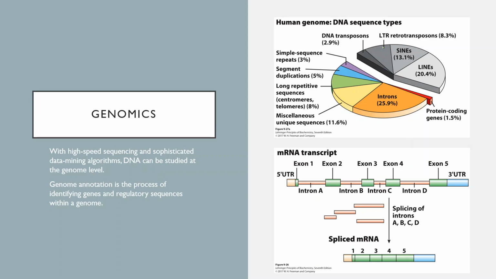So genome annotation is the process of looking through a genome and identifying important genes or regulatory sequences. Now, no one actually can do this manually.